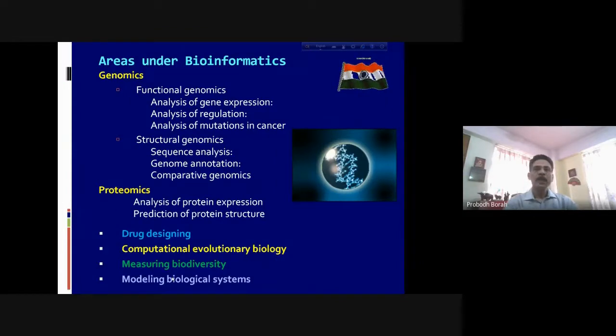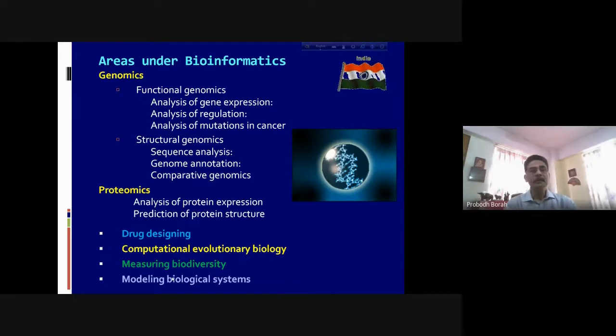There are many areas of bioinformatics which are emerging or evolving during the last 3 or 4 decades. As we said, the journey of bioinformatics started only after the advent of omics technologies, particularly after the advent of genomics in the early part of 1970.